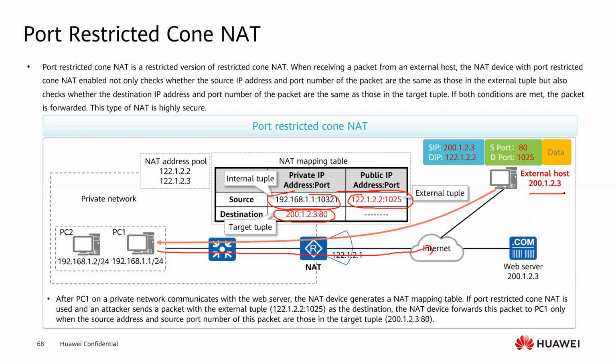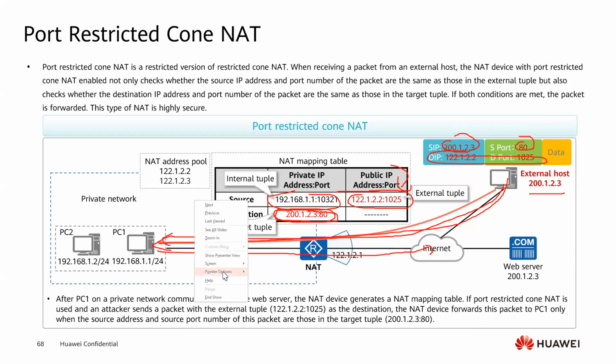If this external host wants to send a packet into the private network, the packet it creates must be like this: the source IP and source port must be equal to the target tuple, and the destination IP endpoint must be equal to this. Then I will send it in. So that is port restricted cone NAT.